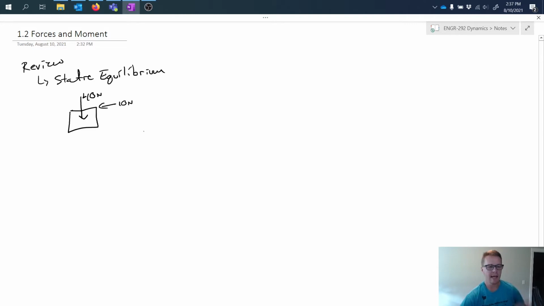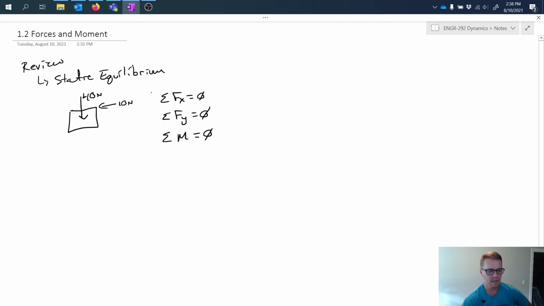And static equilibrium dictates that if this object is not moving, or more accurately not accelerating, then we have a condition that looks like this: the sum of forces in the x is 0, the sum of forces in the y is 0, and the summation of moments around some point, any point that we define, should be 0.